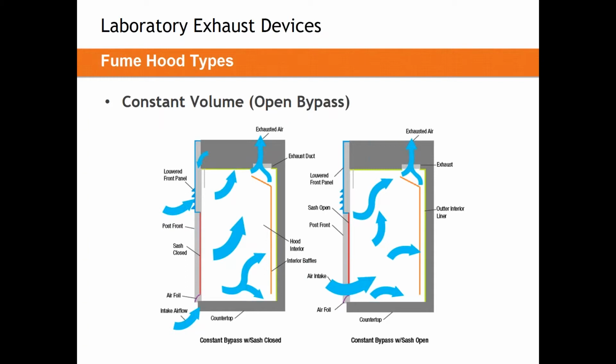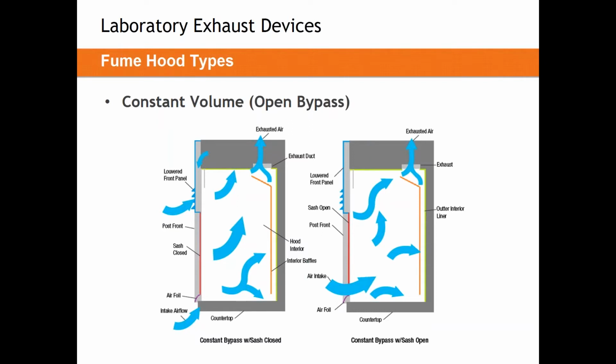Now you might ask the question, when should I use a constant volume fume hood? And to explain that, I'd like to use a bit of an example. So consider a laboratory that has a ventilation airflow of 1,000 CFM. That's our minimum air change rate, at 1,000 CFM. We can't go below that. This laboratory is to be negative, so it'll have about, let's say, 1,100 CFM of exhaust from somewhere. This lab is to have one constant volume fume hood in it.